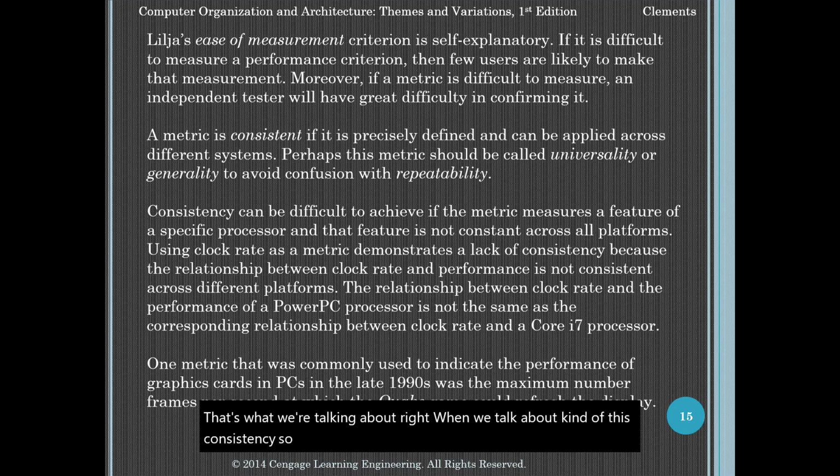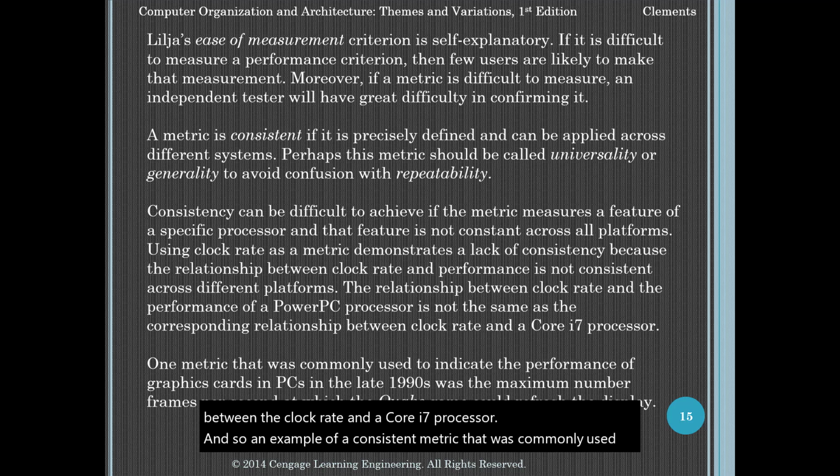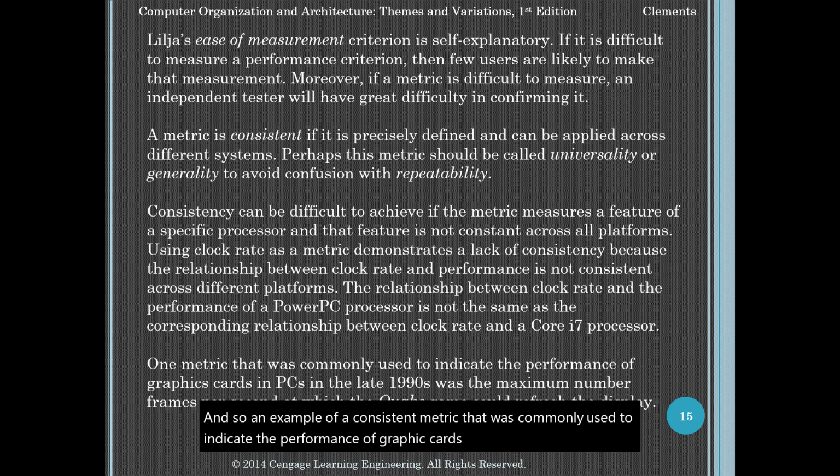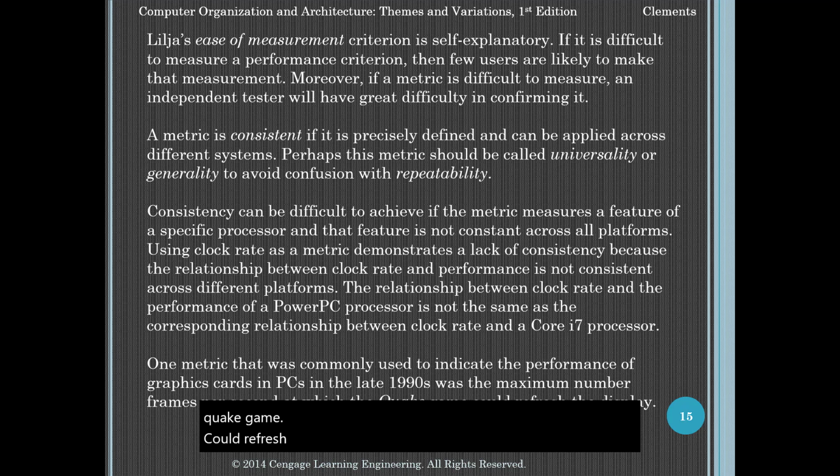A good example of this is that the performance of a PowerPC processor is not the same as the corresponding relationship between the clock rate and a Core i7 processor. And an example of a consistent metric that was commonly used to indicate the performance of graphics cards in PCs in the late 1990s was the maximum number of frames per second at which the Quake game could refresh the display. And I think that's a great example of what we're trying to talk about.